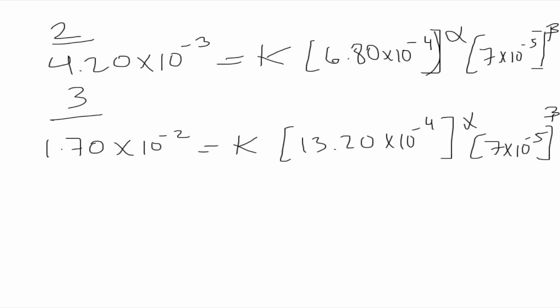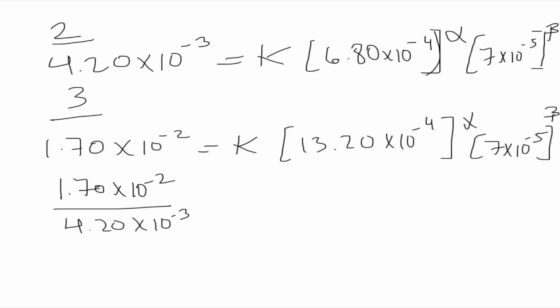And the third step involves dividing the bigger rate over the smaller rate, or faster over slower. So we will be dividing the rate of 3 over the rate of 2. That will be 1.70 times 10 to the negative 2 over 4.20 times 10 to the negative 3. They have the same units, so they will cancel out.